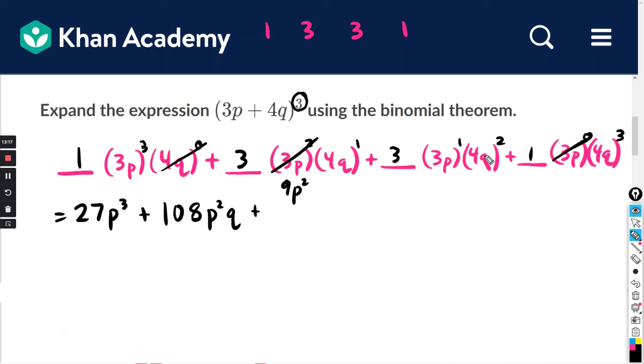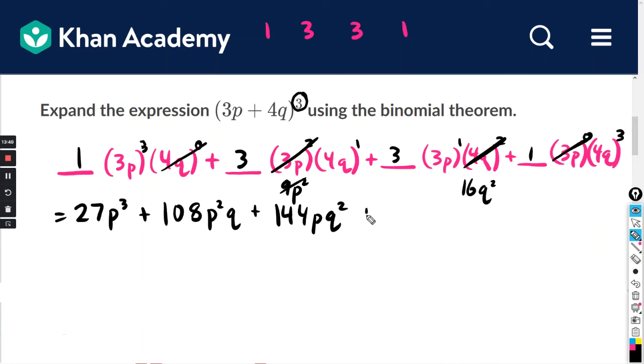Okay, over here we have 4q squared. 4 squared is 16. Okay, 3 times 3 times 16. It's going to be 9 times 16. 90 plus 54 is 144. p is to the first, and q is squared.